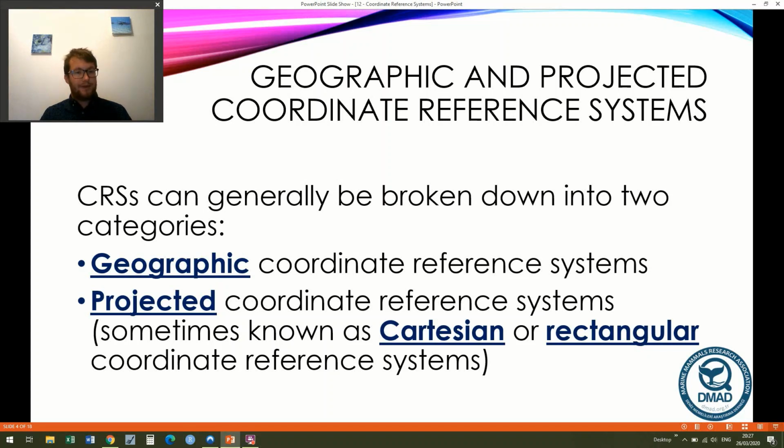Because our world is roughly spherical, they're generally based around a sphere shape. And then we've got projected coordinate systems, which are sometimes known as Cartesian or rectangular coordinate reference systems, which are planar. So they're generally 2D, but they can have a 3D value as well.